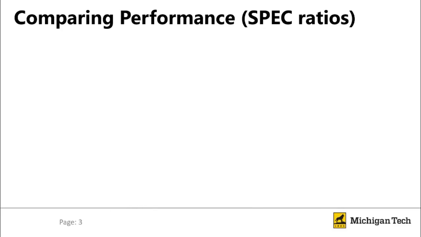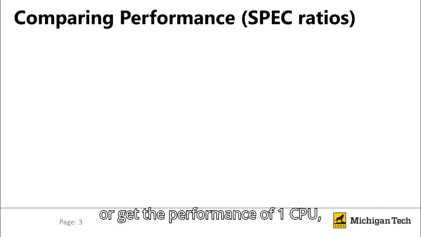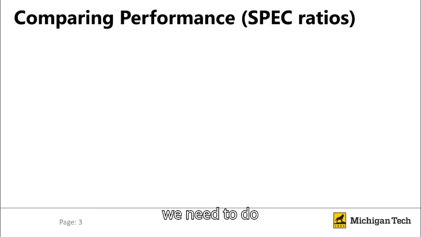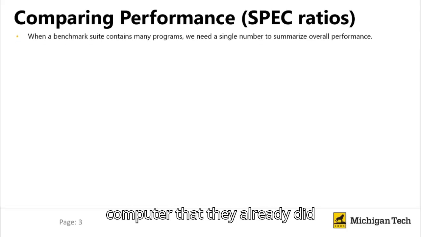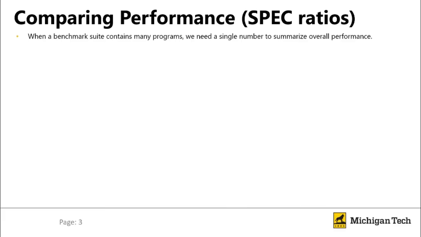So if we want to get the performance of one CPU, we need to run many of them and make an average. The good point about this organization is that there is a reference computer that they already tested with those benchmarks.